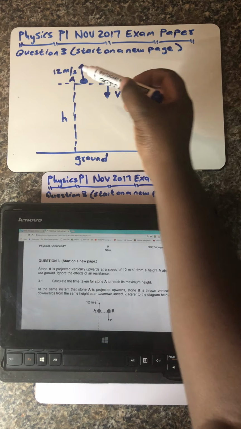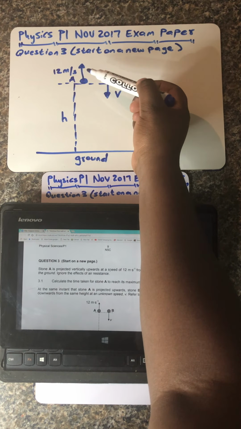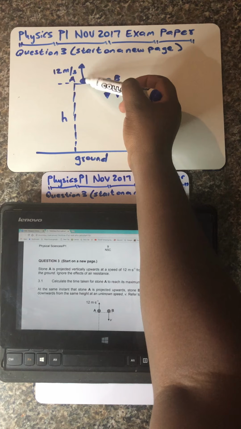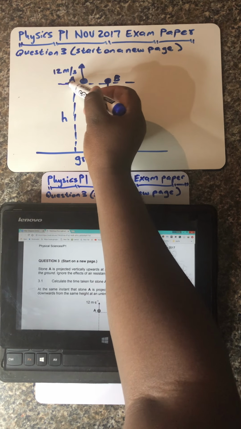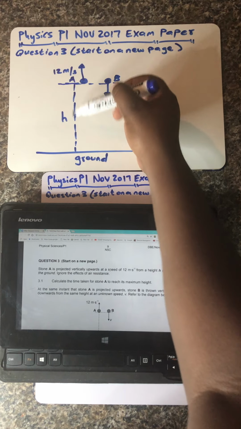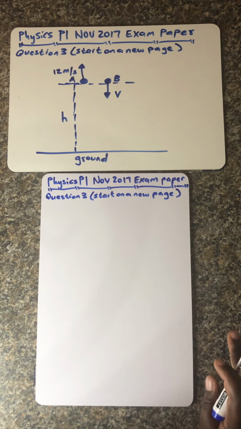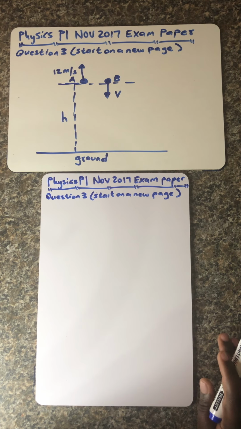That means the stone A is projected vertically upwards from a certain height above the ground level. We are now required to calculate the time taken for stone A to reach its maximum height. I think we should now get started with the question. I assume as we move along, you will be able to have an understanding of what's going on.